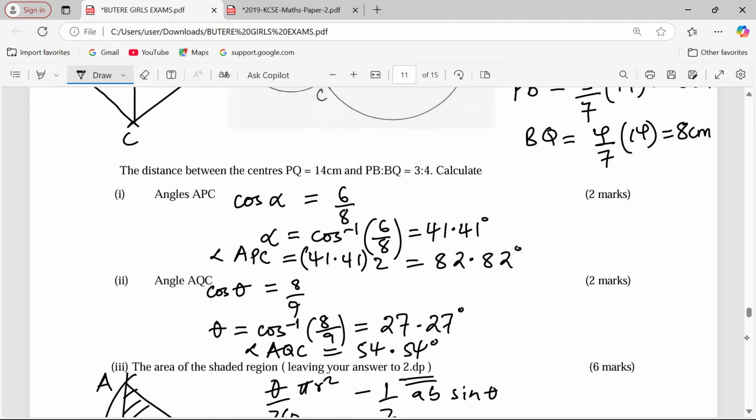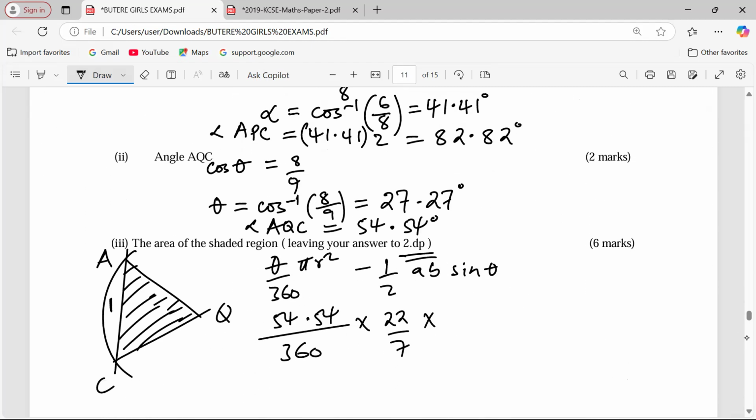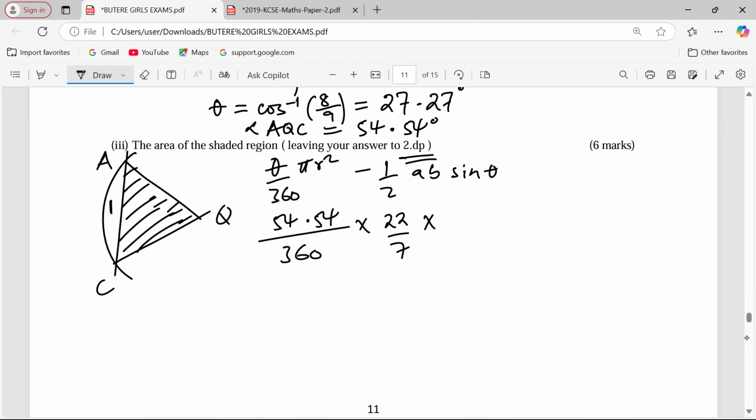Radius for that case is 9, squared that way. Then minus half, 2 sides AB, sine of the angle between them, 54.54.